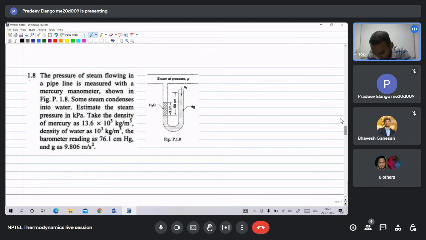So we can take the density of mercury to be 13.6 into 10 power 3 kg per meter cube, that is 13,600, and density of water to be 1000, and the barometer reading is given as 76.1 centimeters of mercury, and acceleration due to gravity is given as 9.806 meter per second square. So now we have this manometer.